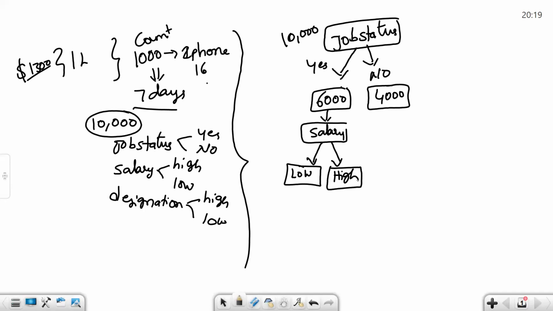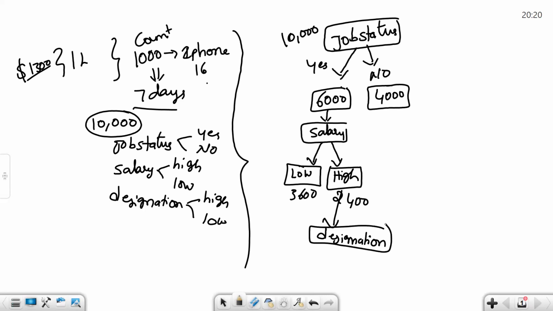Let's say 60% have a low salary and 40% have a high salary. 40% of that means 2,400.